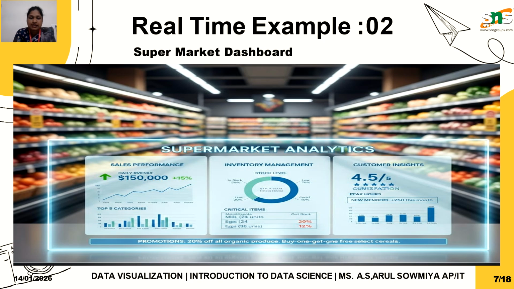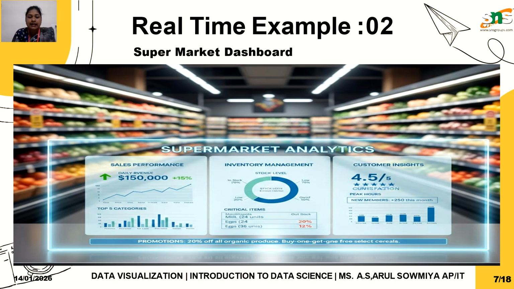So this is another real-time example, a supermarket dashboard. The supermarket dashboard analyzes sales performance, inventory management and customer insights. We can get the daily revenue, what products have sold, and what products are stocked here.